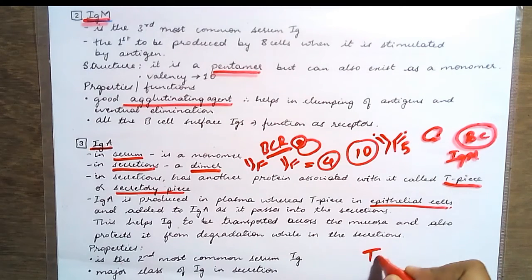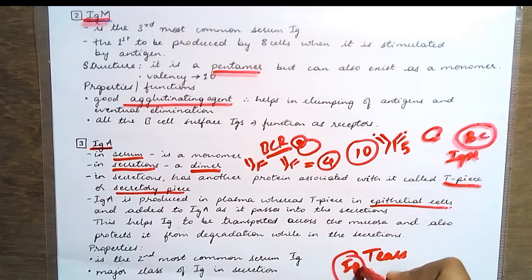The tears contain IgA. The IgA in tears is produced by the plasma cells, whereas the T piece is produced by the epithelial cells that are present in the eyes just before the IgA enters into the tears.